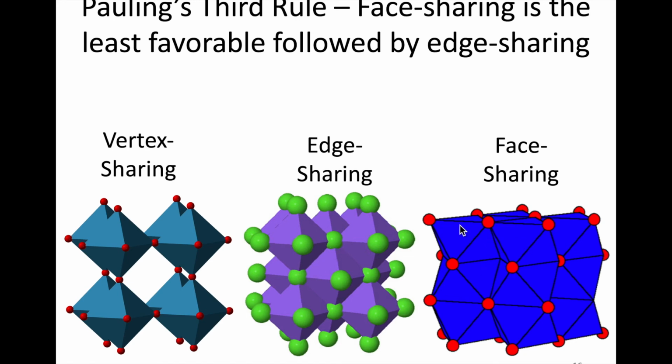And then over here, you see some aspects where this polyhedra and this one share an entire face. So the third rule tells us that face sharing is the least favorable, followed by edge sharing, followed by vertex sharing, which is obviously the most favorable of these.